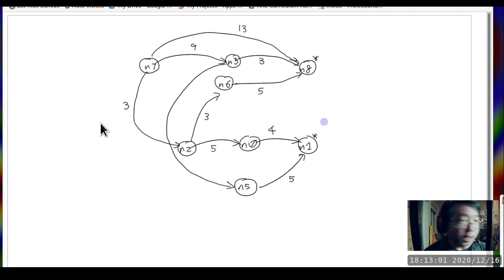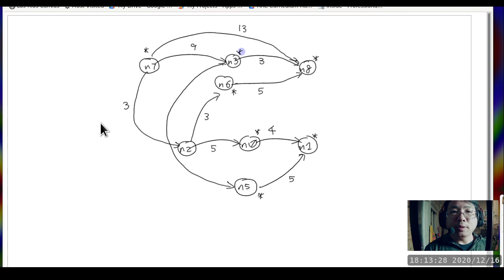Okay, they have L values of 0. And then we expand just one step beyond that. So we will have N7, N3, N6, N0, and N5 explored. So initially, the only path from N7 all the way to N8 has a distance of 13.